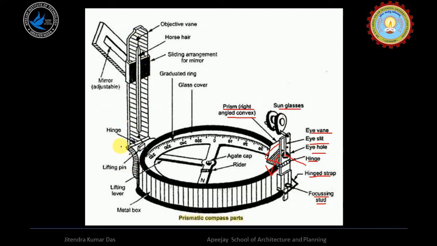This is your object piece, and here you will see a hinge and one mirror. It is adjustable in nature, and it is horsehair, and this is your object vane, and this is eye vane. So in that way we create line of sight.